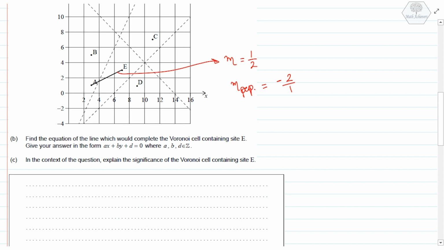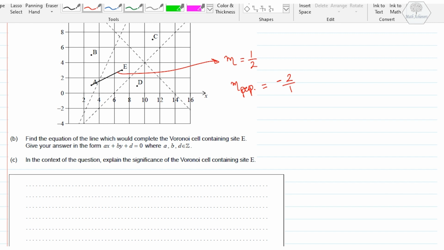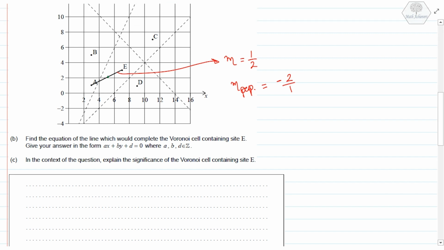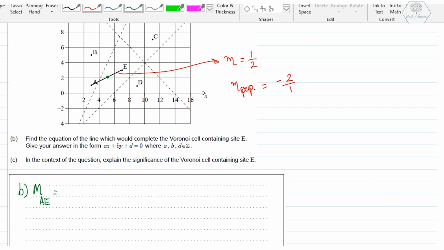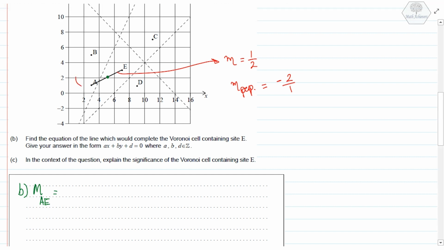After finding the gradient of the perpendicular line, I want also to find the coordinates of the midpoint of AE. The coordinates of A are (3, 1), and the coordinates of E are (7, 3).